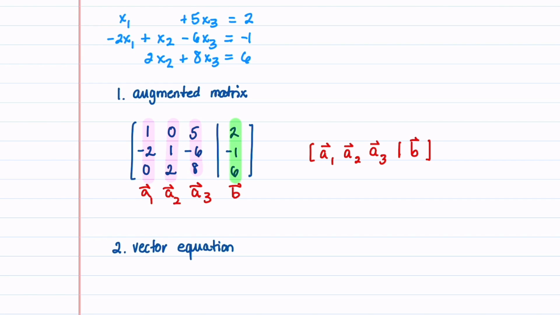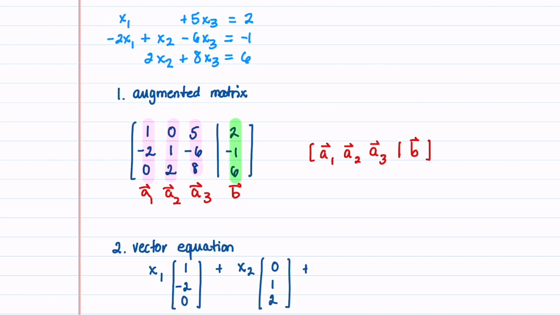To write our linear system as a vector equation, we're going to multiply x1 by the column vector that contains the coefficients multiplying x1. That's 1, minus 2, 0. We'll then add x2 times the column vector that contains the coefficients multiplying x2, and that's 0, 1, 2.